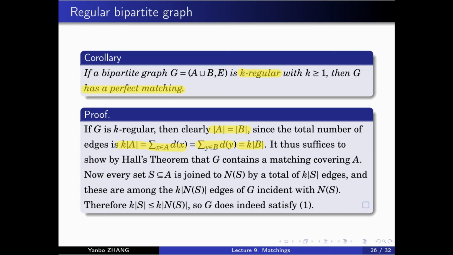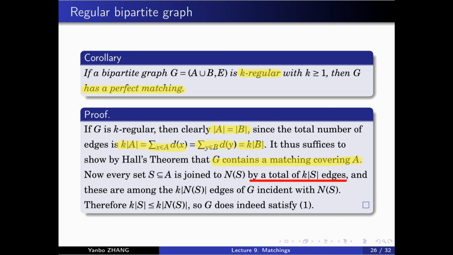Then it is enough to show that G contains a matching covering A. If G contains a matching covering A, that matching is a perfect matching. Now every set S, which is a subset of A, is joined to N(S) by a total of k|S| edges, because every vertex is of degree k.